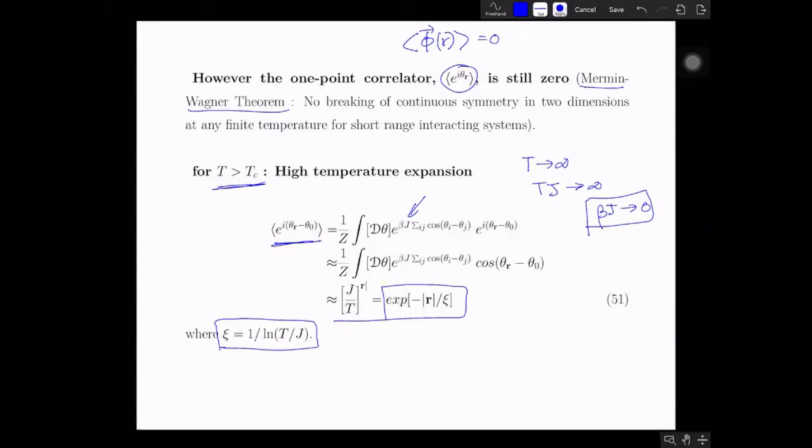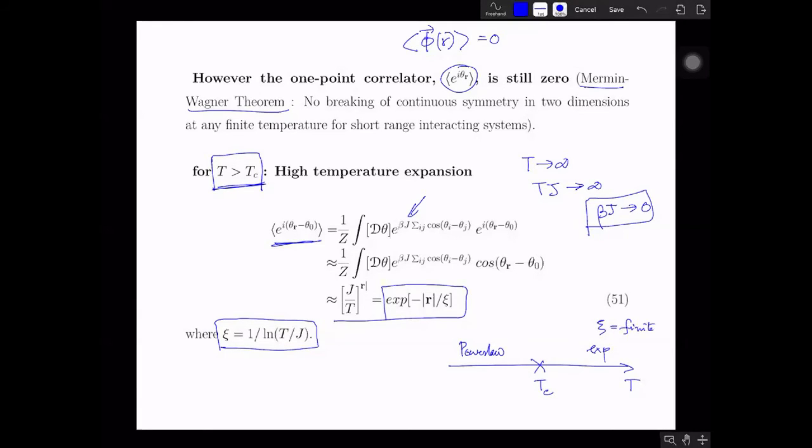So you see that at high temperatures, it cannot sustain power law correlation. As I crank up the temperature, below Tc we have power law correlation, and above this we have exponential correlation with a finite correlation length.